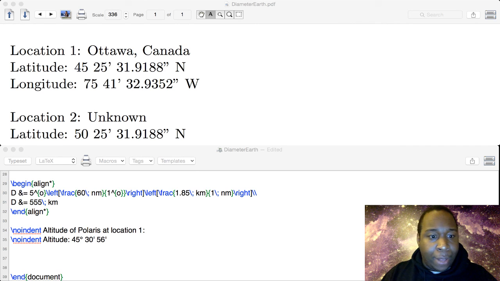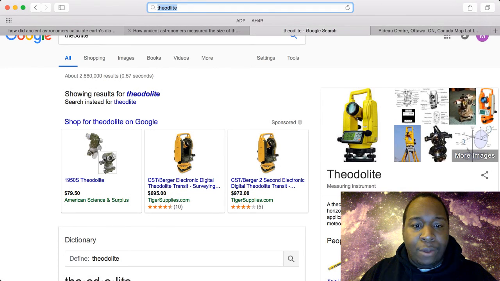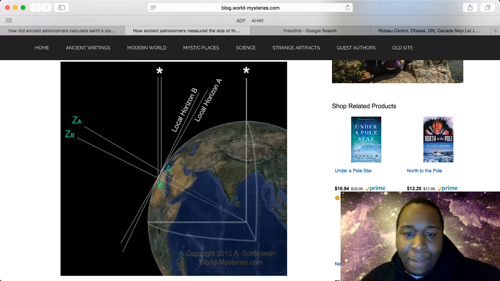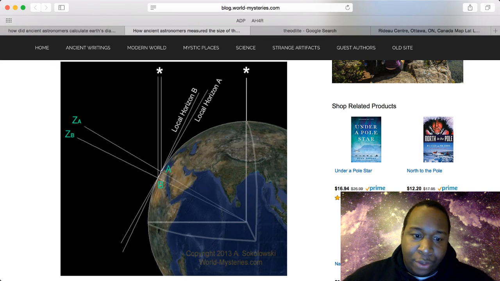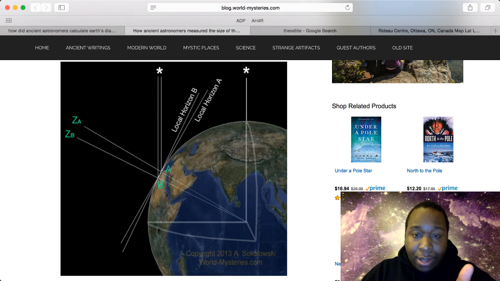Let's go back to the OBS software and switch scenes. We're basically using this image to help us with the calculation, where we're measuring the angle to Polaris from two locations on the Earth at the same time. The key thing about these locations is that they share the same longitude, and we must know the distance between them.